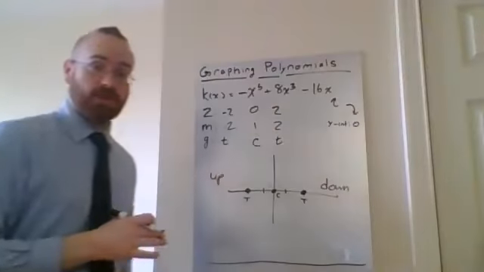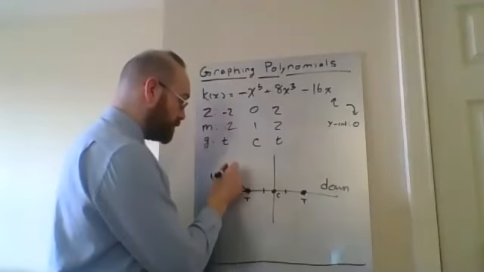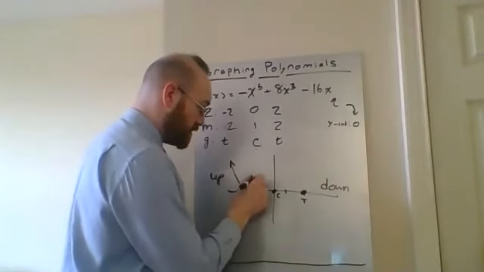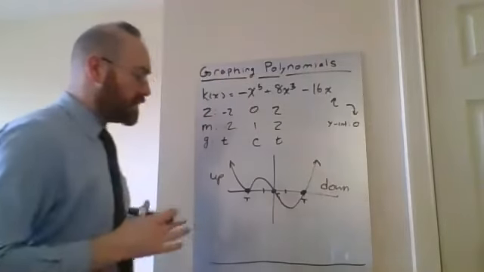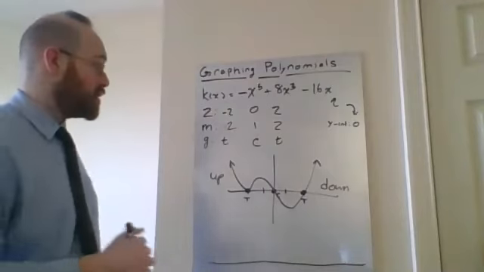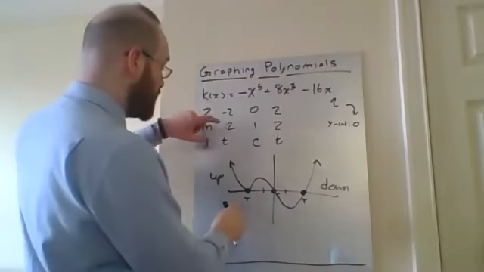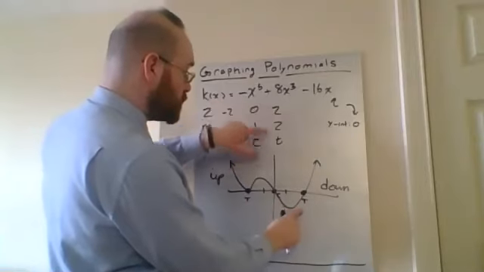That was the end behavior we discerned from our leading term test. So we're going to go up, then touch, cross, touch. And this is why it's really helpful to put our table in numerical order. So at the end, I can match. Okay, negative 2, touch, 0, cross, positive 2, touch.